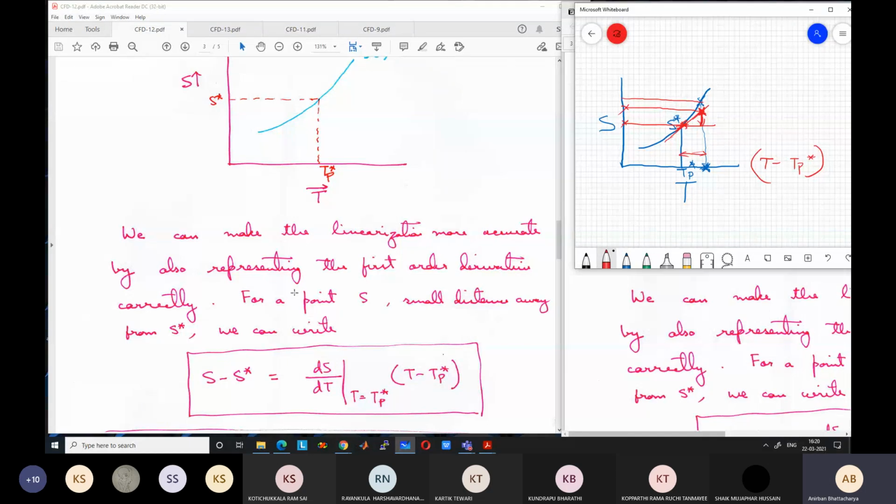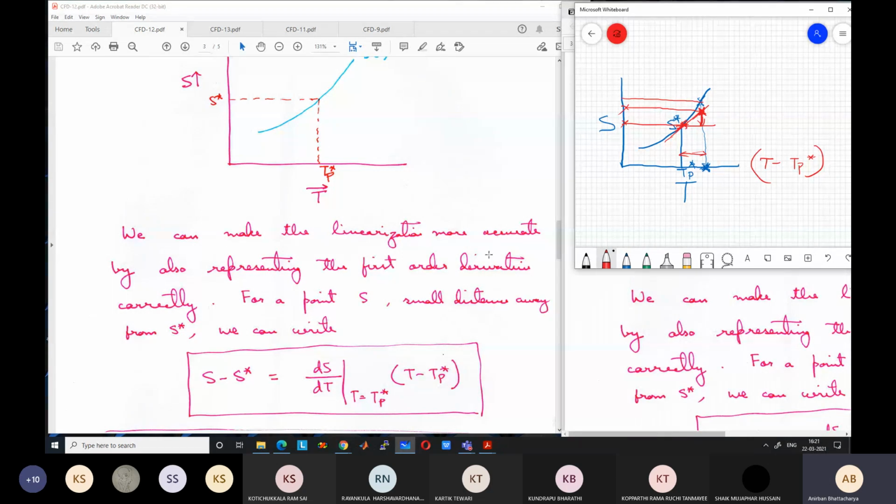So if we have a point S a small distance away from S star, we can write S minus S star is equal to dS/dT at T equal to Tp star, into T minus Tp star. If this is infinitely small, this will be exactly correct. Otherwise, this is an approximation.